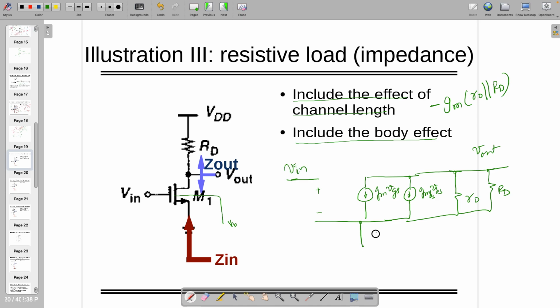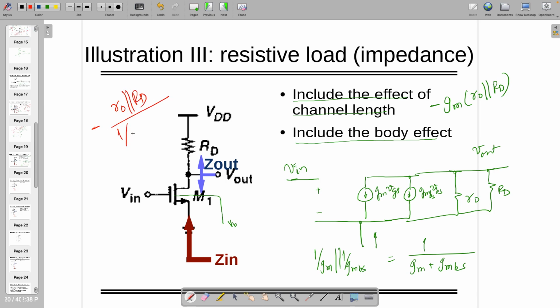So looking from here, this side, what are you going to see? 1 by Gm in shunt with 1 by Gmb, right? So what are you going to see? 1 by (Gm plus Gmb). If you solve it, the gain will be, in this case, I know already that it is the output impedance, nothing but R0 in shunt with RD, divided by 1 by (Gm plus Gmb).